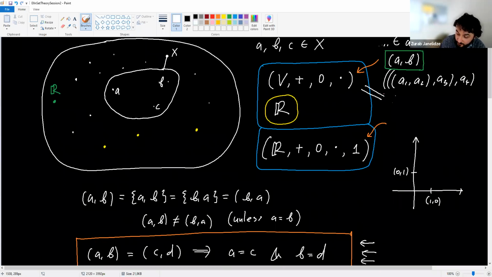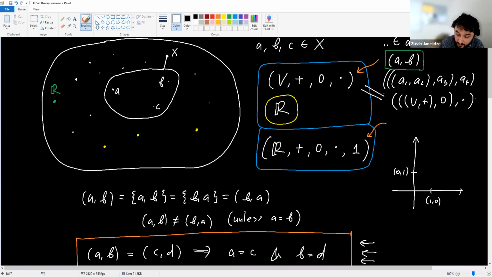Specifically, it will be the ordered pair consisting of a few nested ordered pairs, right? So we have V and plus together as an ordered pair, then we order that together with 0, and then we order that together with multiplication. So we apply the ordered pair operation a few times.